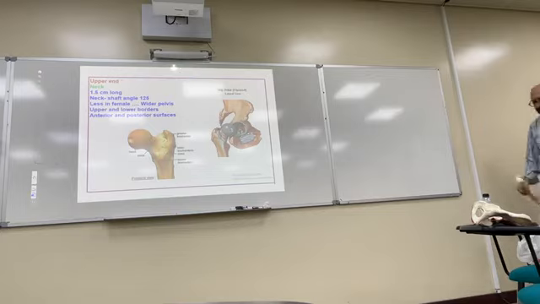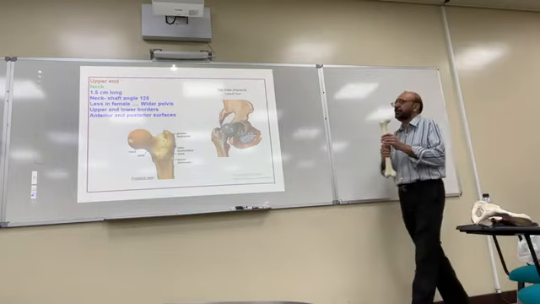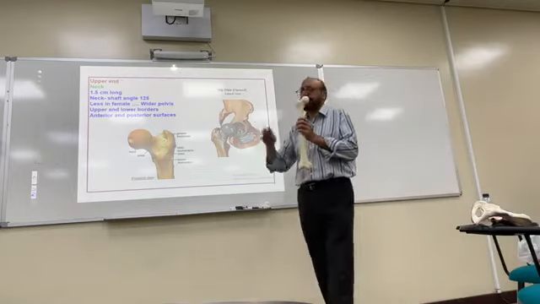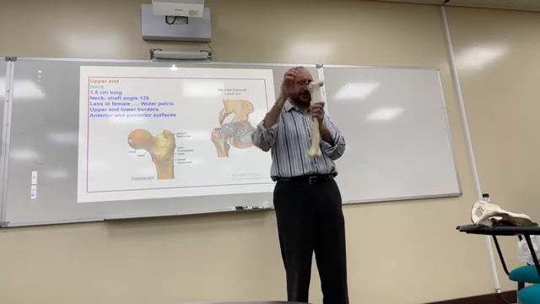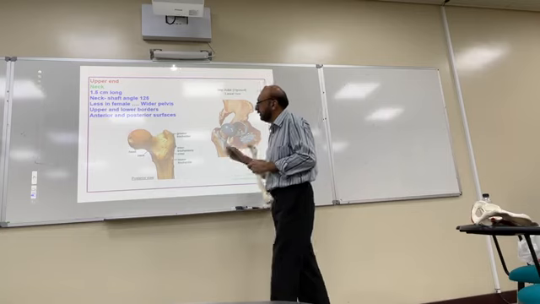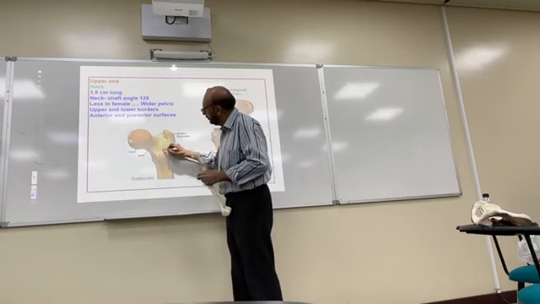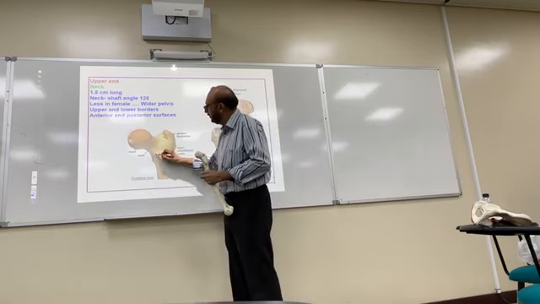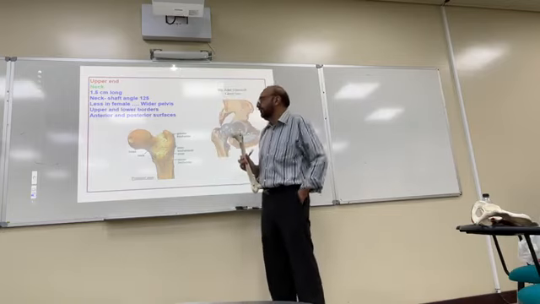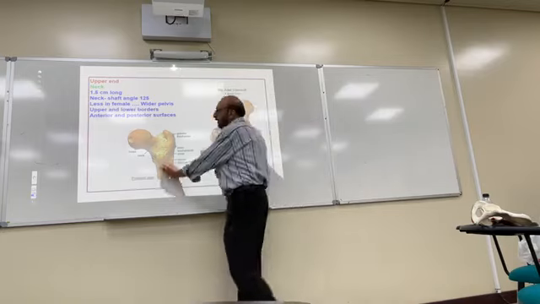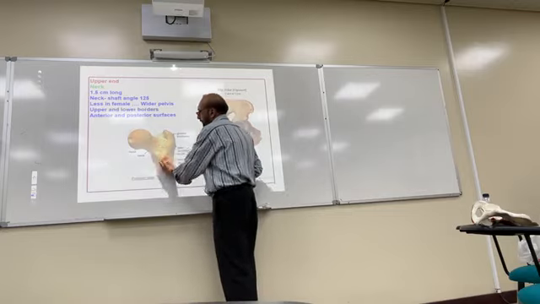Neck, the angle of the neck is important. 125 degrees with the shaft. This is the shaft, so the angle should be like here, 125 roughly. Then the angle is less in females. It means what?